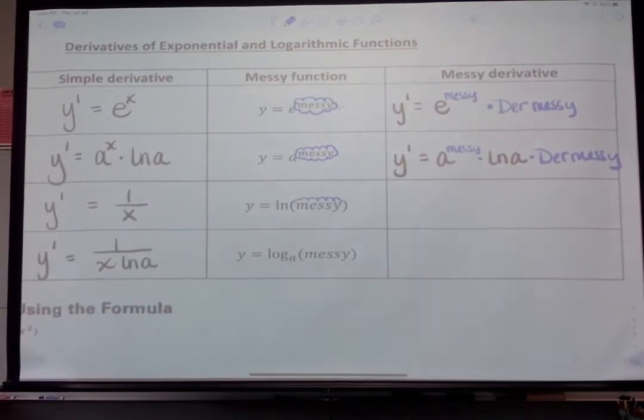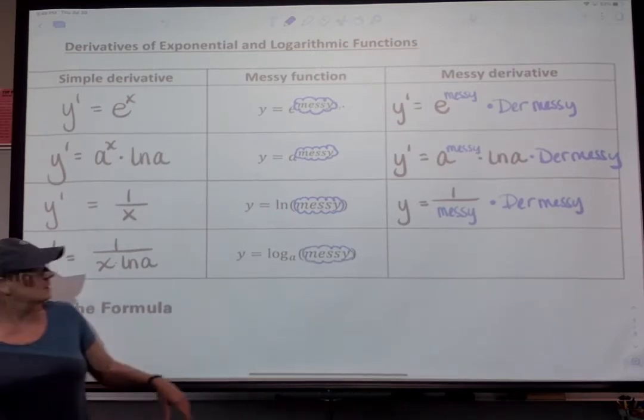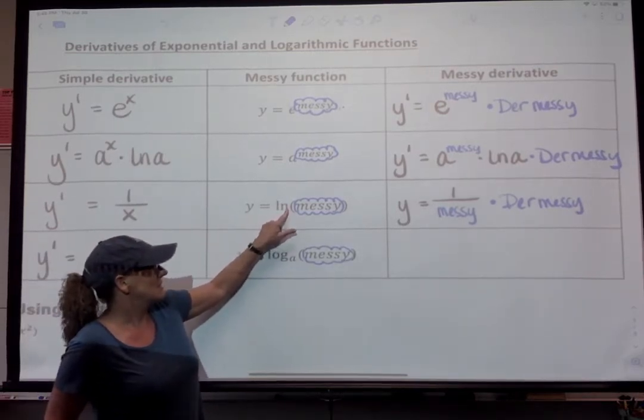What if what you're taking the natural log of is messy? Well, then your derivative is, instead of 1 over x, now 1 over messy times the derivative of the messy. That's if your base is e.